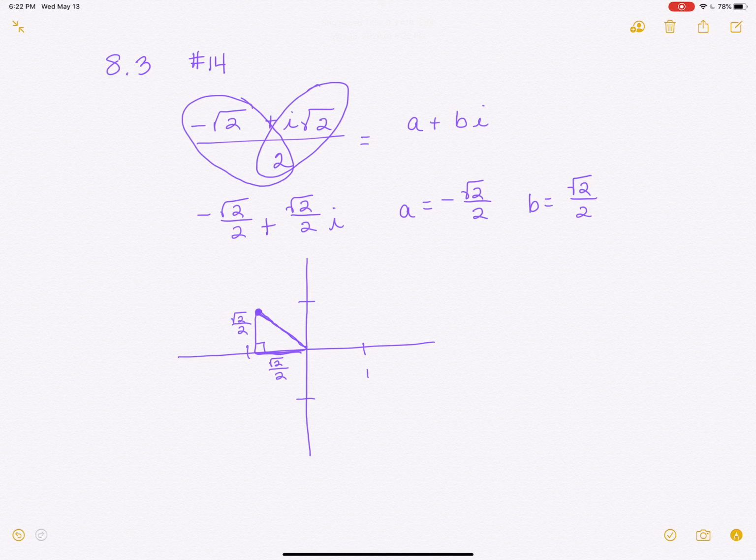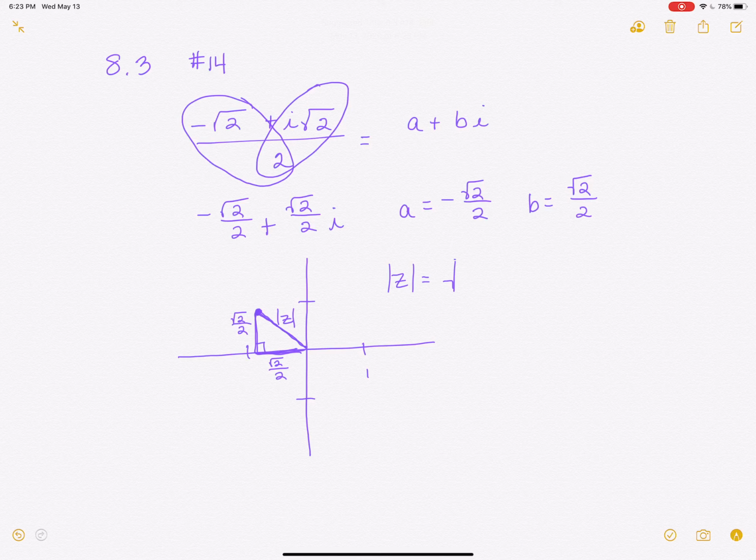And so I could just use my Pythagorean theorem, because I am trying to find this length right here. All right, but also remember that our modulus is going to be, and so you would take this length squared plus this length squared would be this length squared. So I would take the square root.